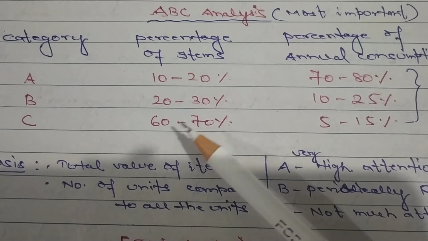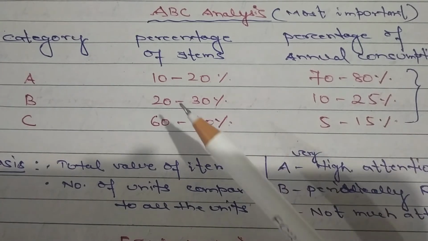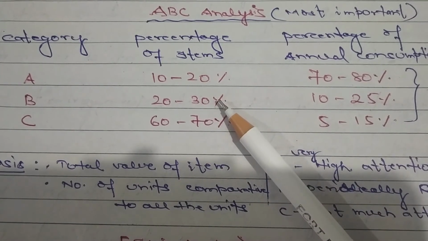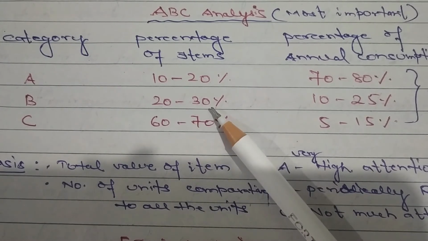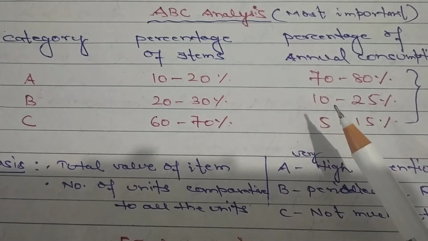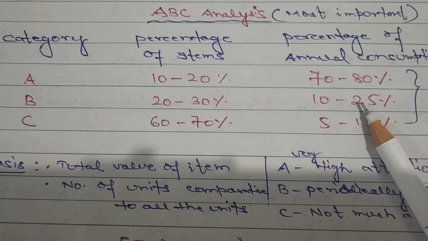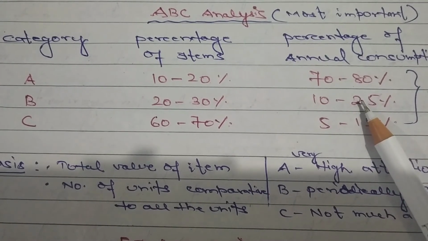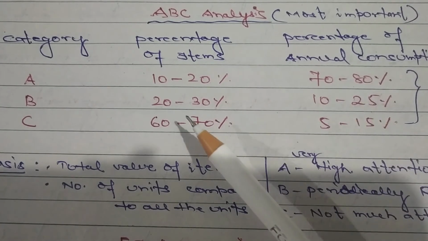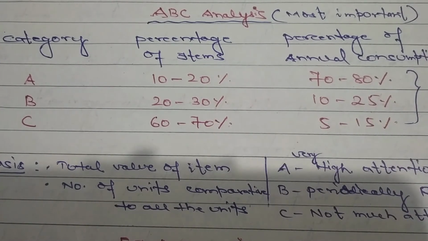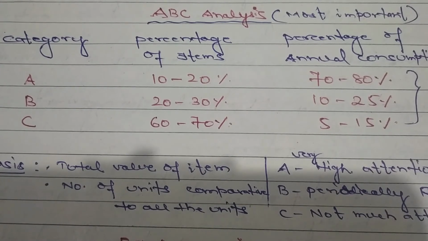In the same way, it could be possible that 20 to 30% of the items have a value of 10 to 25%. Means they are important, but not as much. The number of items is more than the A category, but the value of those items is very low compared to A category items.